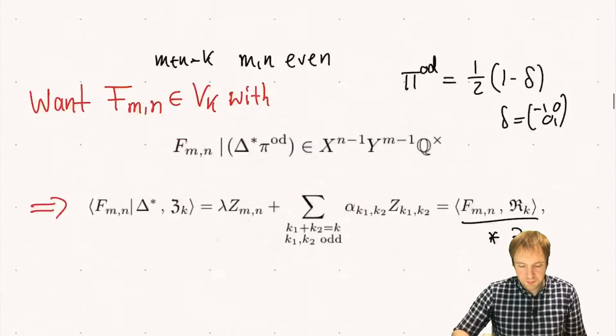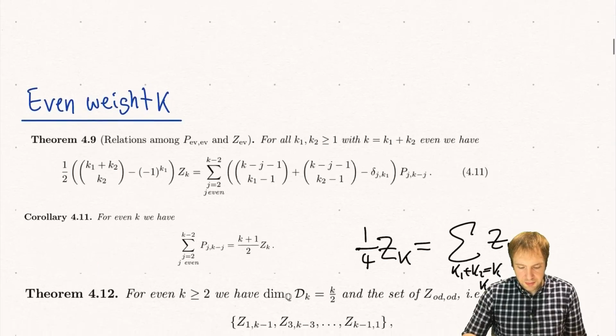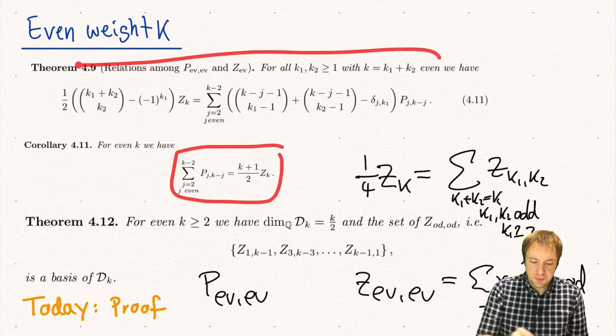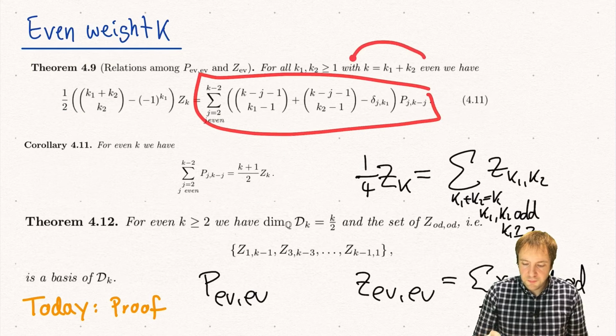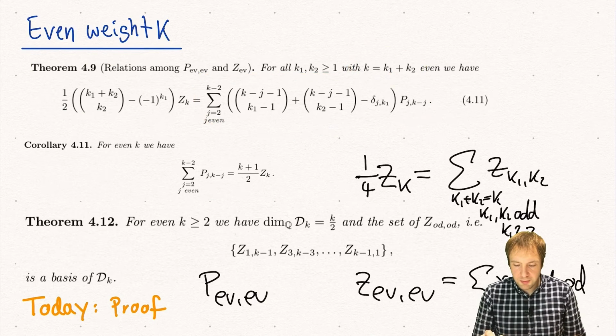And also, this is just one simple case of this theorem here, but we can also combine these here for different k1 and k2, and I make it precise in the lecture notes.